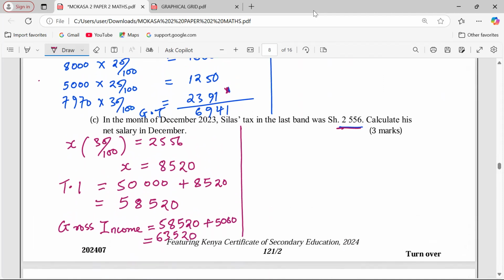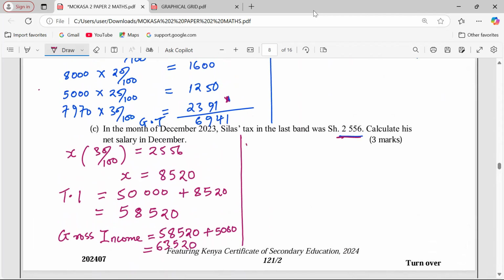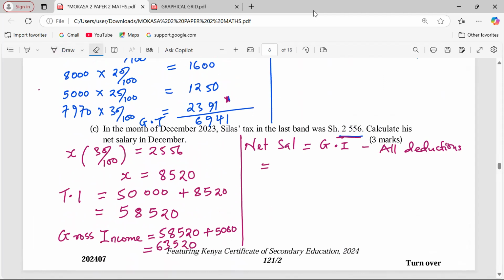It's good for you to know that a net salary is given by gross income minus all deductions. Therefore, let me talk about all deductions first.